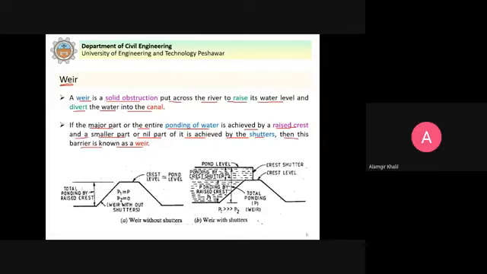In the case of a weir, you can see here this is a weir without shutters.